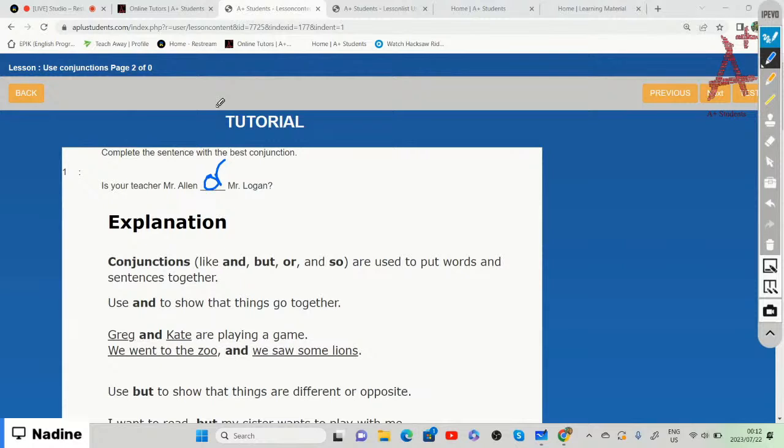Which means that we chose the correct conjunction to complete the sentence. It shows it's either this or that. It is a choice. So is your teacher Mr. Allen or Mr. Logan? So or.